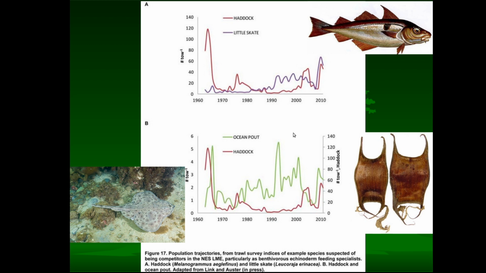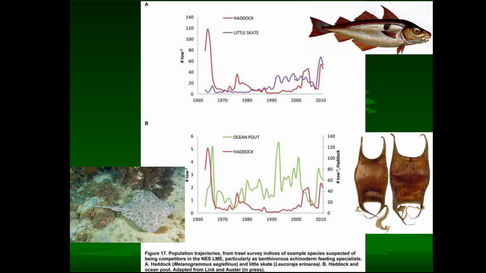But the skate and the flatfish numbers are also fluctuating, but in a sort of a mirror image of the haddock to some extent. So as the haddock decreases here from 1980 to 2000, the others increase.